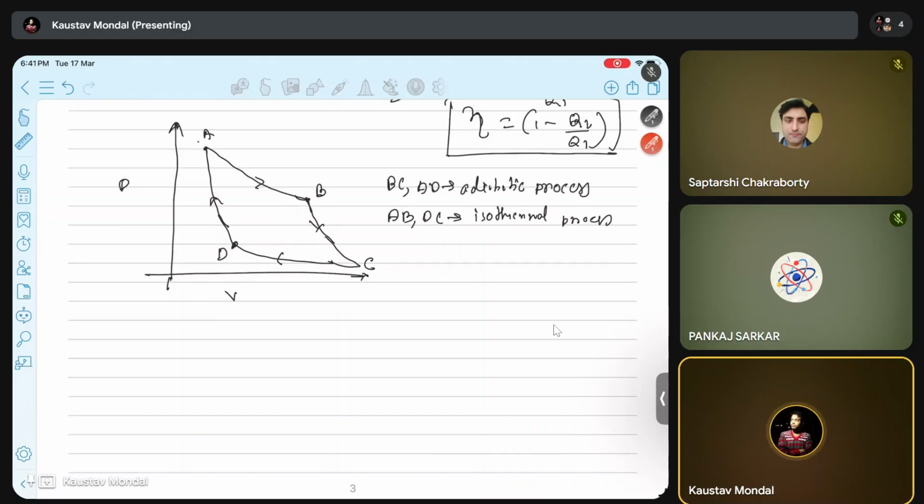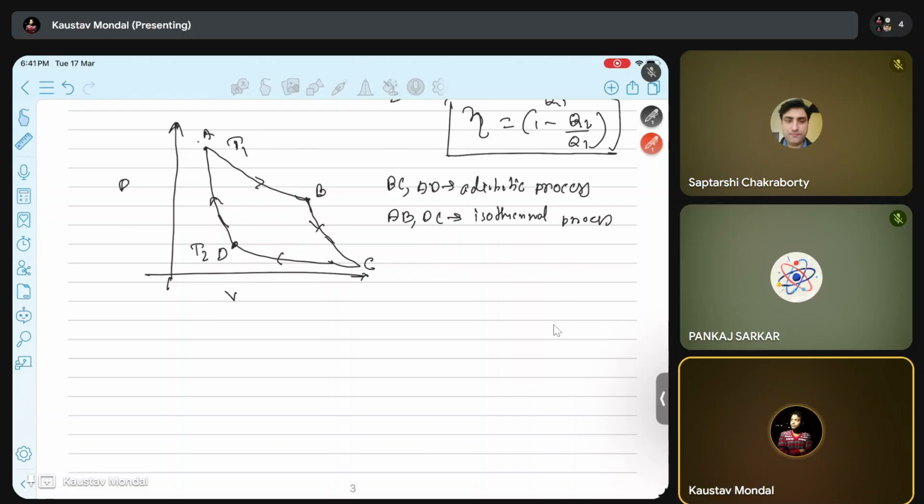During AD and BC, since these are adiabatic processes, there will only be a change in temperature. If this process is at T2 temperature, this one is at T1 temperature, so there will be no heat exchange.